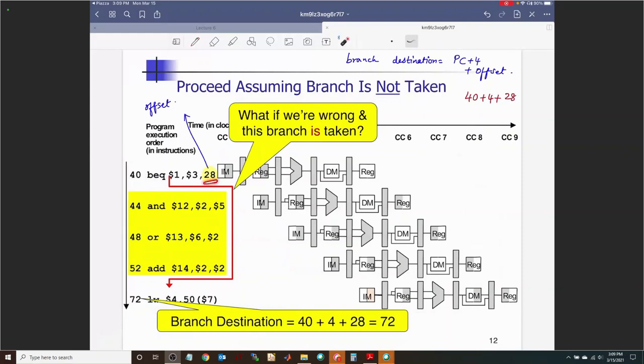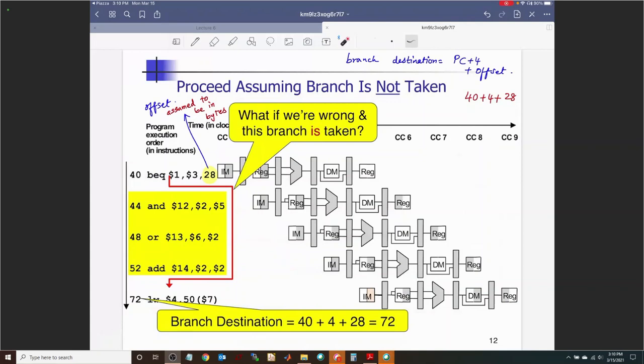So we are assuming that the offset is already in bytes. Because as you know, for branch instructions, the syntax is you have to provide the offset in words.